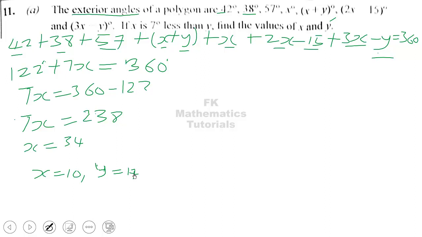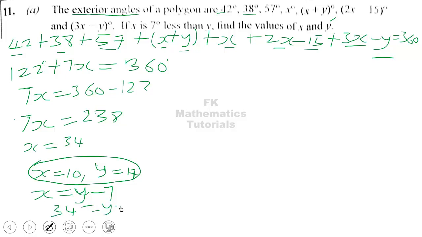So what it means is that x is equal to y minus 7. This one is just an illustration to help us write the relationship between x and y. Now we know x to be 34. So 34 is equal to y minus 7.